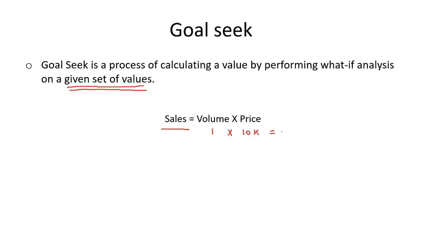So the sale for the company is 10,000. Similarly, when the volume changes to let's say 20 mobile phones at let's say 8,000 rupees, the sales for the company would be 1.6 lakh rupees. So this is a simple equation of sales is equal to units or volume multiplied by price.